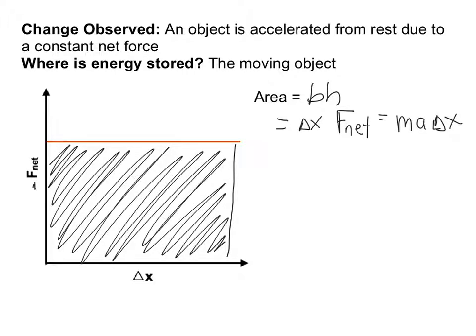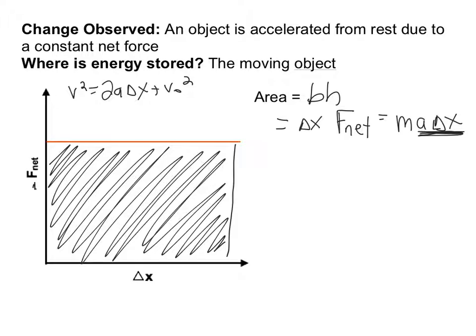Now, one thing you'll notice is that we have an equation where we see a and change in x together. So I'm just going to write that off to the side here, where we've seen this in our v squared equals 2a delta x plus v initial squared equation.